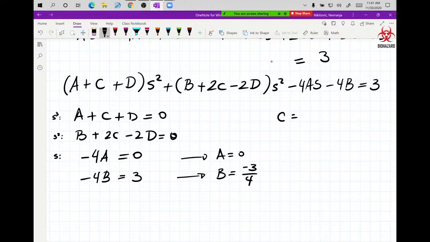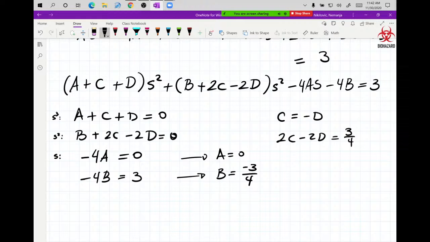C is equal to negative D because A is 0 in the top equation. And on the bottom equation, we have B, which is negative 3/4. So we have 2C minus 2D equal to positive 3/4, when it goes to the other side.